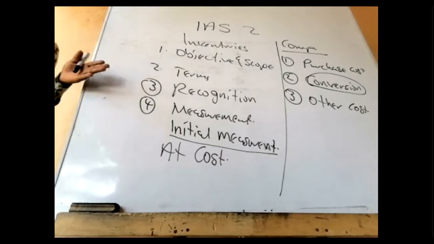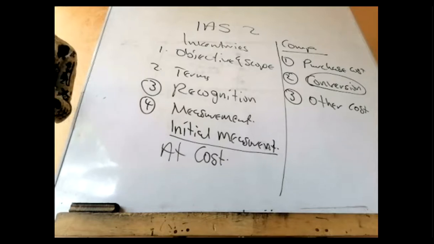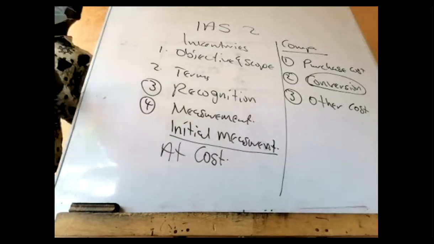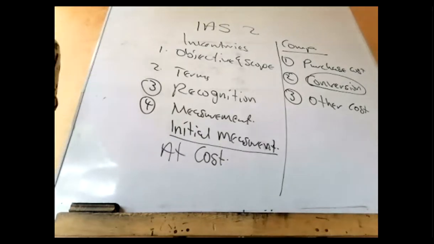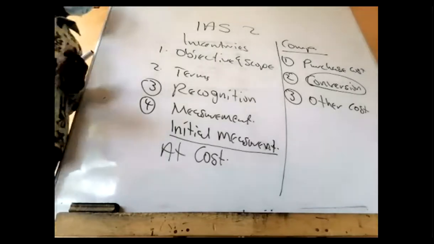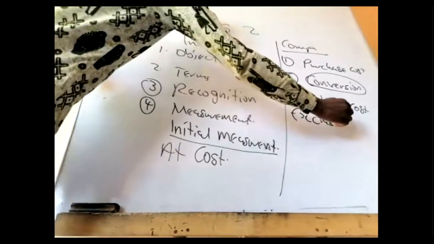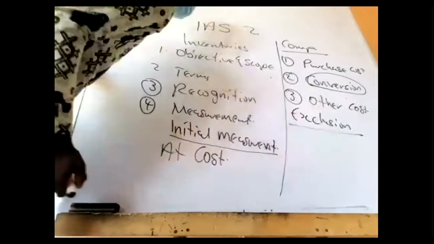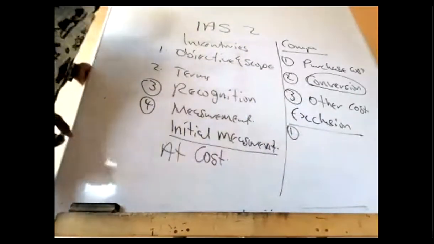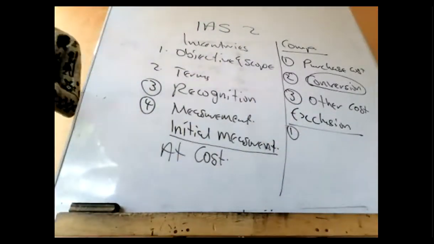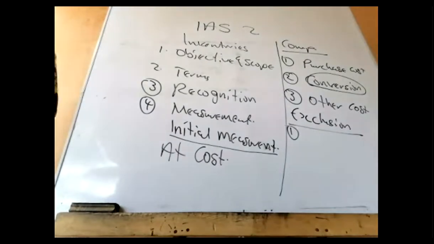We also explained some few costs that need to be excluded. We call them exclusion from the cost of inventory. Number one, we talk about the losses.